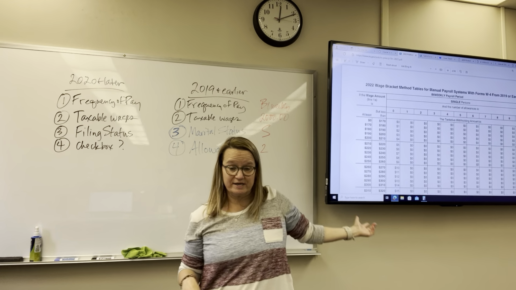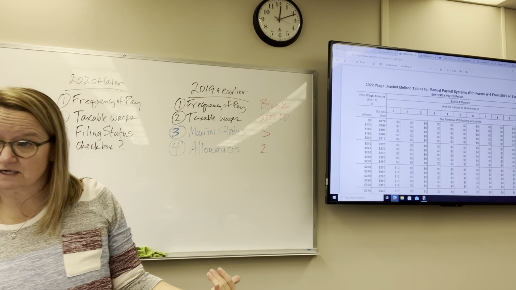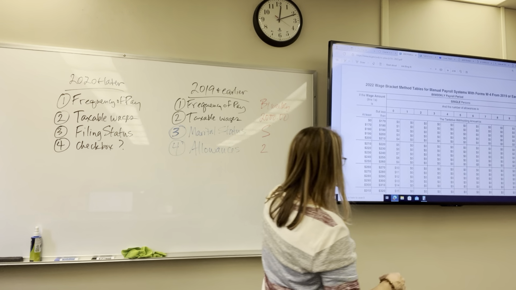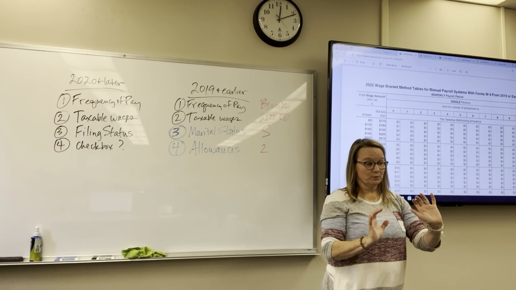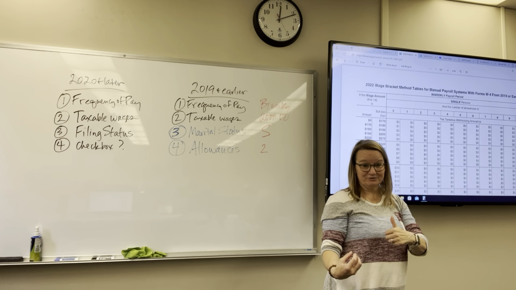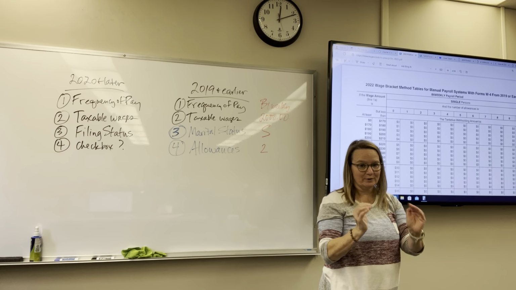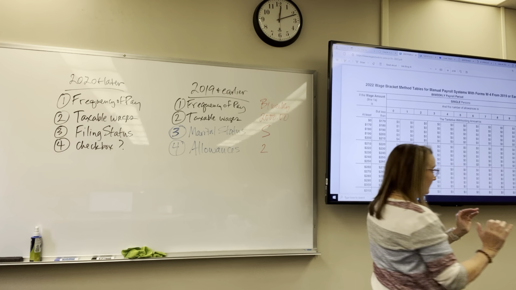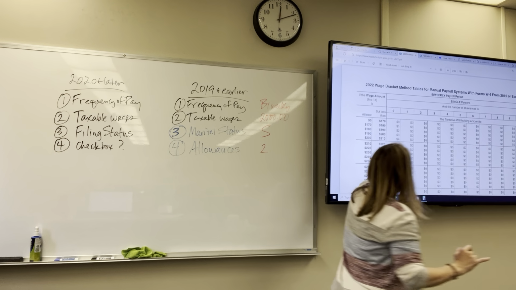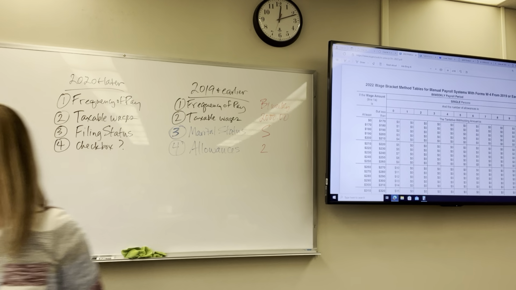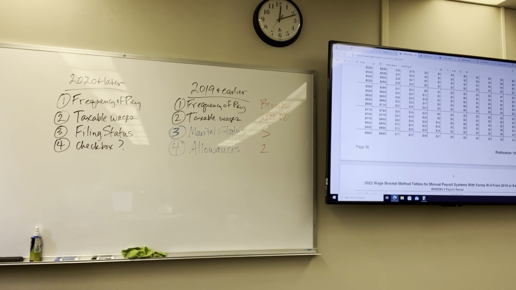These are taxable wages, so we would have subtracted any pre-tax deductions in order to arrive at that. Now, don't confuse it with Iowa, though, where we're subtracting the federal income tax. It's only with Iowa where we get to do that. Okay, we don't get to do that at the federal level. But we find our wage range.